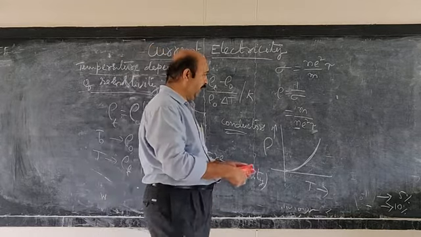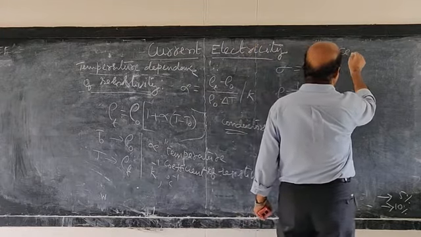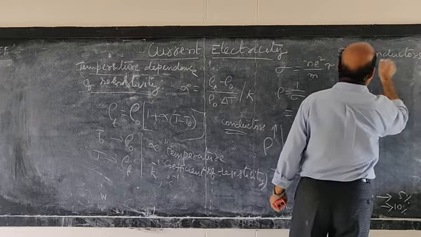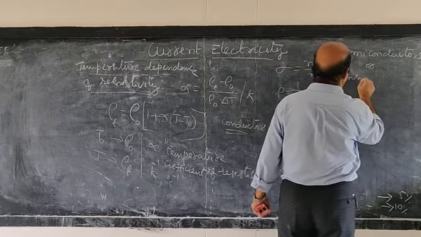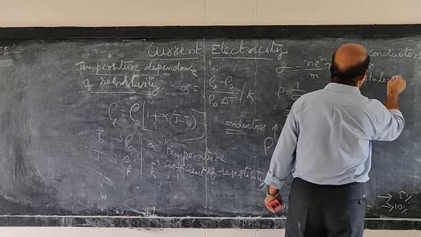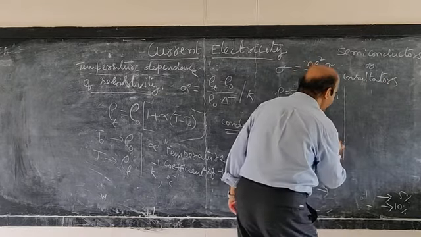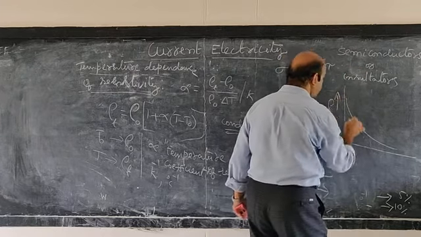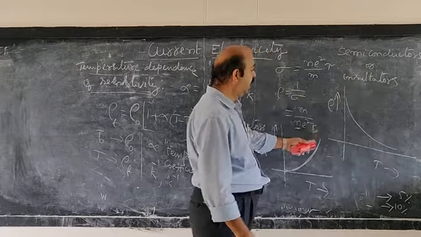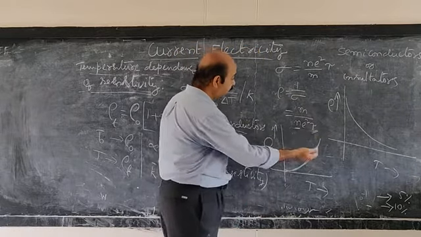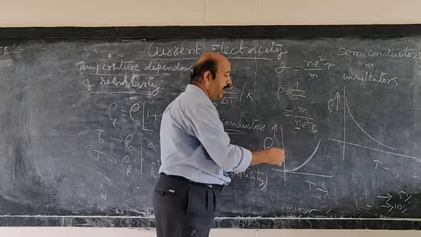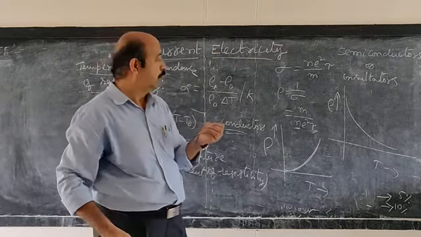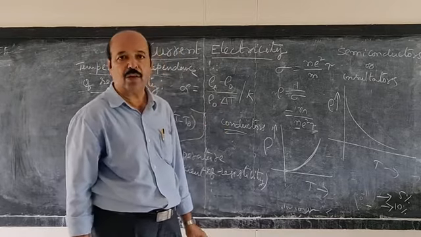In the case of semiconductors or insulators, the graph will be like this. It decreases. So this is the rho value, this is the temperature value. With increase in temperature, rho decreases. That can be explained like this. Semiconductors or insulators have almost zero charge carriers at low temperatures.